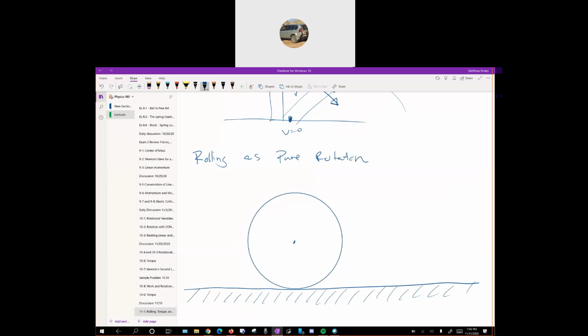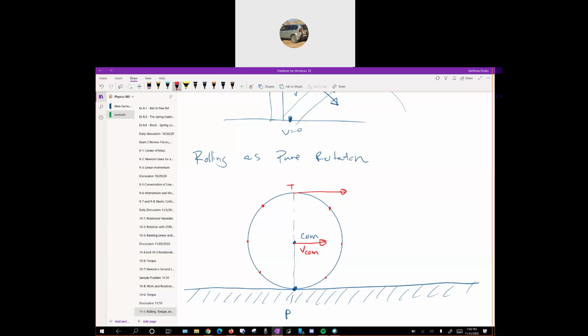Here's our center of mass. And if we're going to rotate about this point P on the ground, let's take a look. I'm going to draw some lines. We'll do a little geometrical interpretation. What we get is that the velocity of the center of mass would be like this. The velocity of the top would be 2 times that. Call that point T. And what if we look at some other points like this, this, this, this, this, or this?